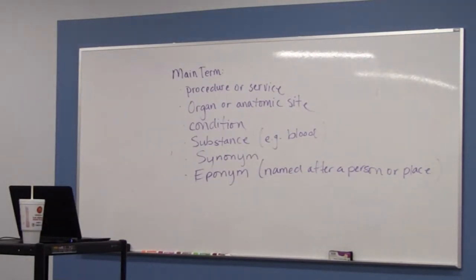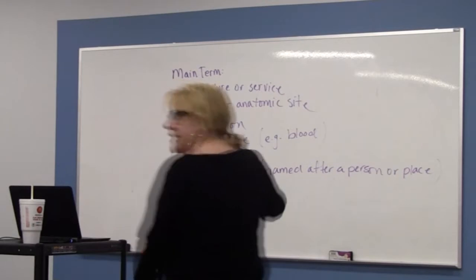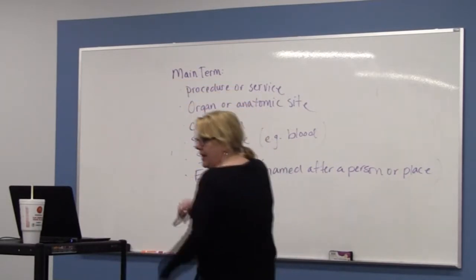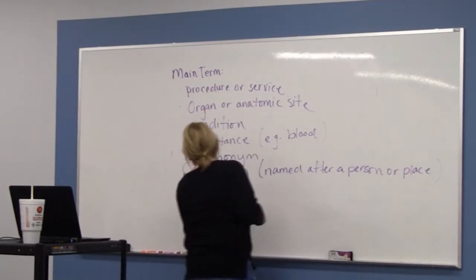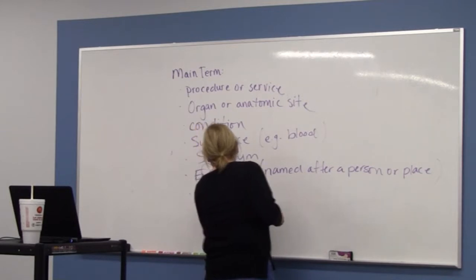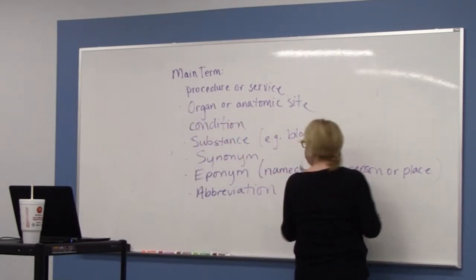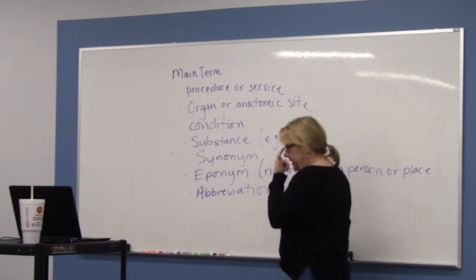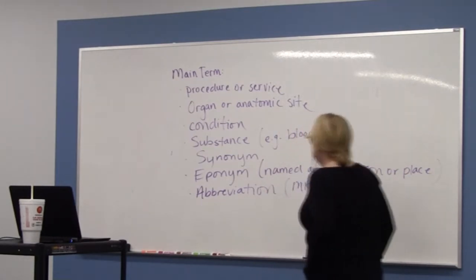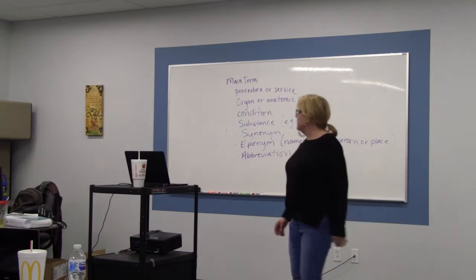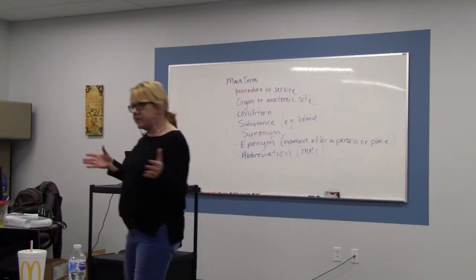So it's named after something. That's a pretty easy way to find stuff, actually. Or the abbreviation, like an MRI. All right, so there's lots of ways to look stuff up.